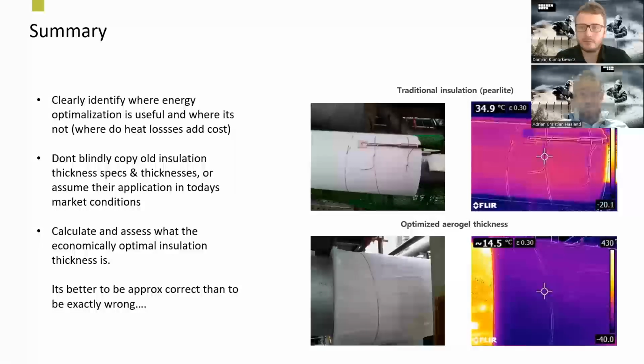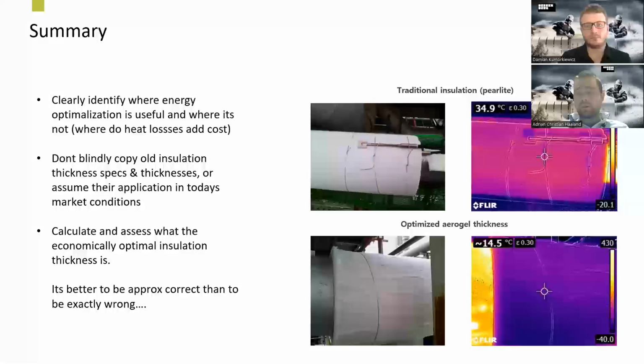So a quick summary before we go to the question and answer session. The most important point I would say is clearly identify which process benefit from energy savings and heat loss savings. Identify the processes which are driving and determining the energy bill of the plant. And next point, don't blindly copy old insulation tables.